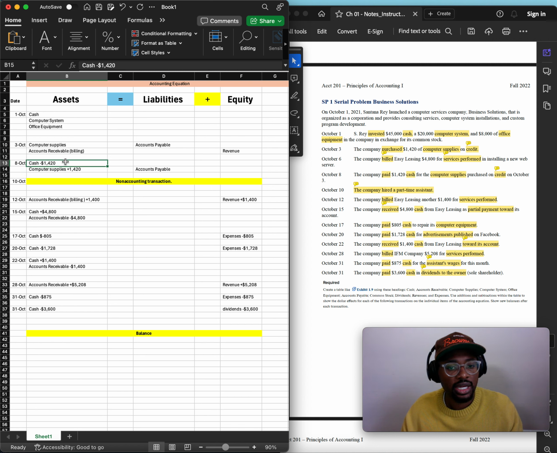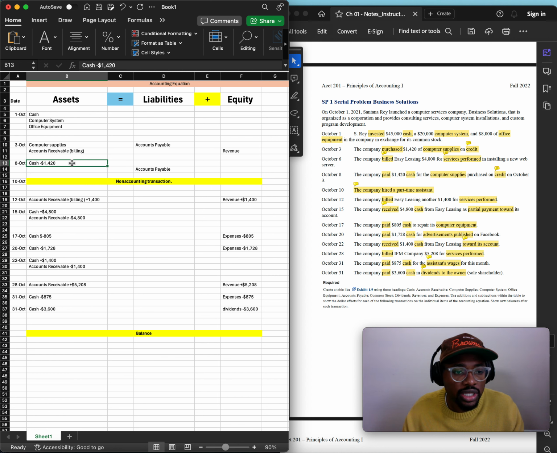Okay. So here's the thing though. It says we paid cash for what we purchased on credit. You see? So this is kind of trickery because although we're gaining computer supplies, we actually don't need to record here that we gained computer supplies.